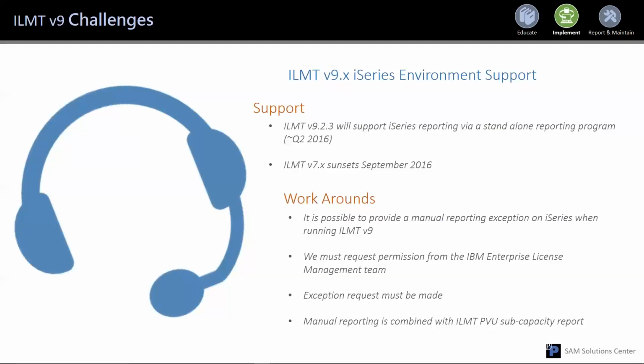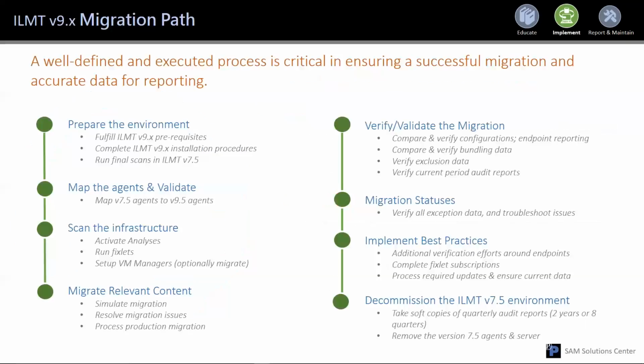We combine all that and give you one complete picture. So even though iSeries reporting isn't supported right now, we encounter that on a daily basis, have a solution in place, get the proper exceptions, and give you an outlook of your entire PVU licensing.